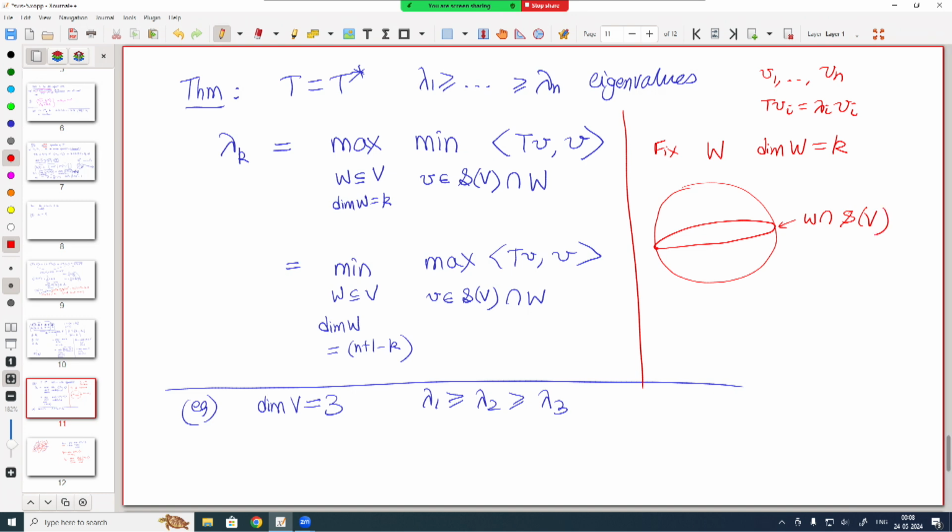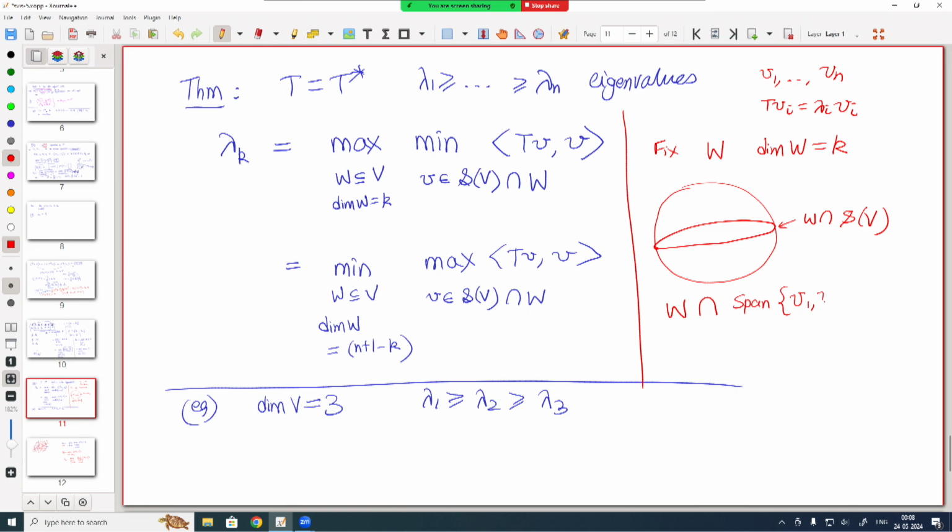Observe, W has dimension k. What does that mean? That means W will necessarily intersect the following set. I claim that W will have to intersect, I am doing minimum or maximum, max.